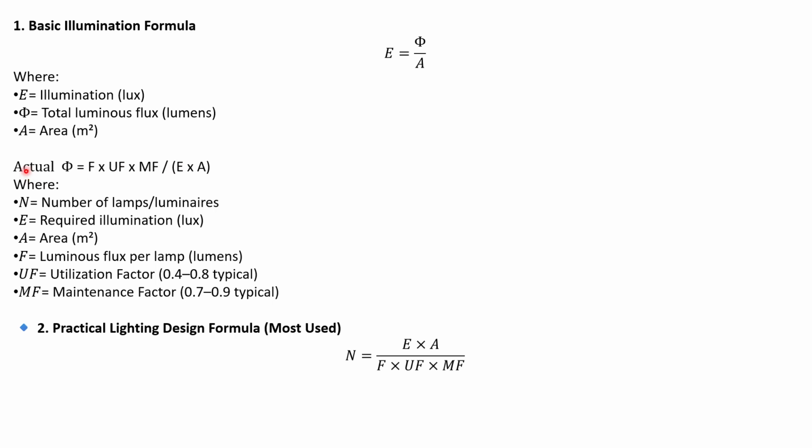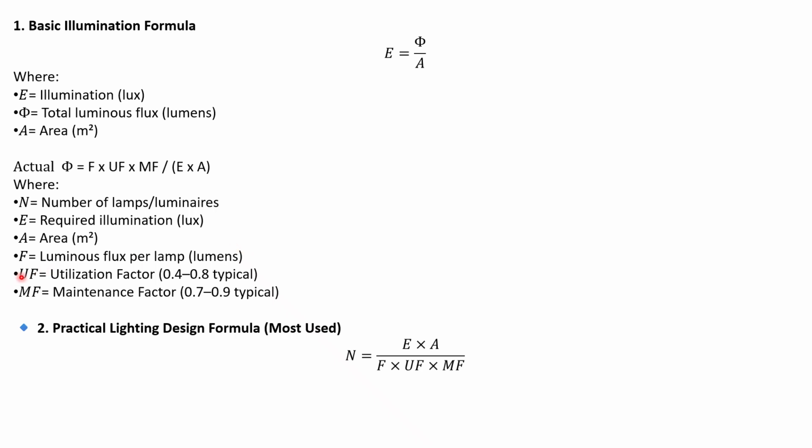In actual cases, phi is equal to E into A divided by UF multiplied by MF. In this formula, N is the number of lamps per luminaire. E is a required illumination. A is area in square meter. F is luminous flux per lamp in lumen.